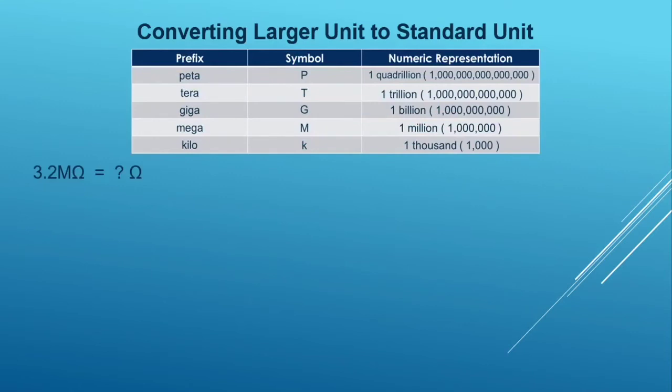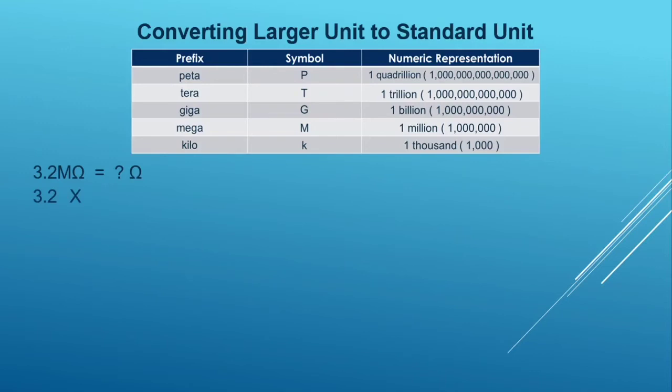So suppose we have 3.2 megaohms and you're going to convert it into ohms. So first, same procedure, you're going to remove first the unit. So we have 3.2.